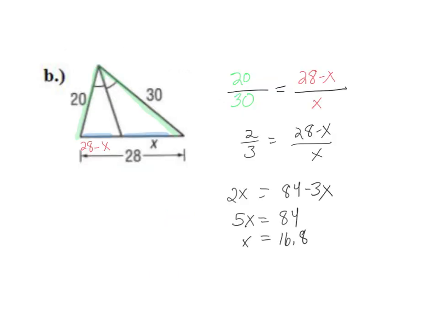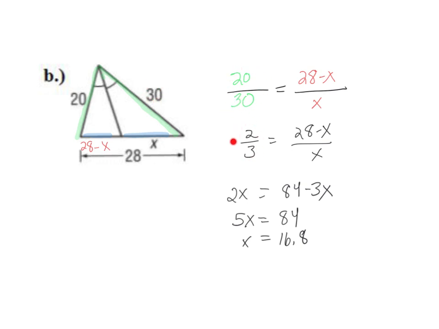Okay, in this problem we have angle bisectors. And so if we have these angle bisectors here, we would have a proportion that we can use to set up. And so therefore, we're going to be able to say that this side here, 20, is going to be in proportion to 30.